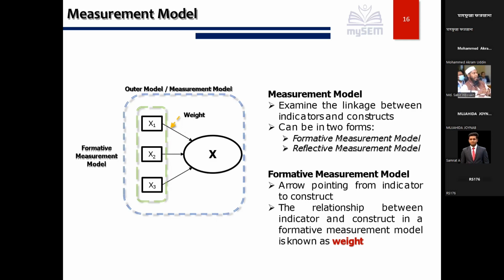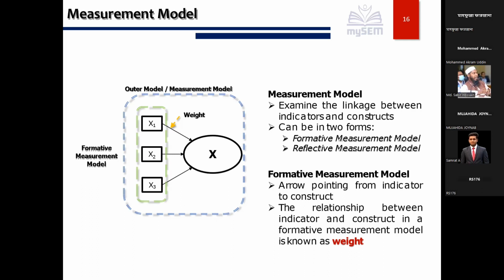Suppose I am making a work-life balance formative measurement construct. Maybe you want to measure work-life balance through work pressure, especially in our cases, those working in private organizations, we used to say we have more work pressure.